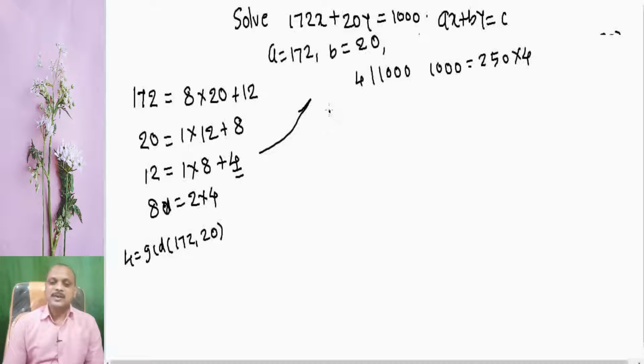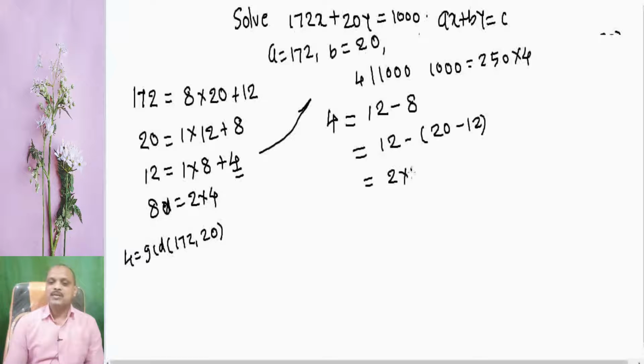We know how to express it. We write 4 equal to 12 minus 8, which means 20 minus 12, equal to 2 into 12 minus 20.